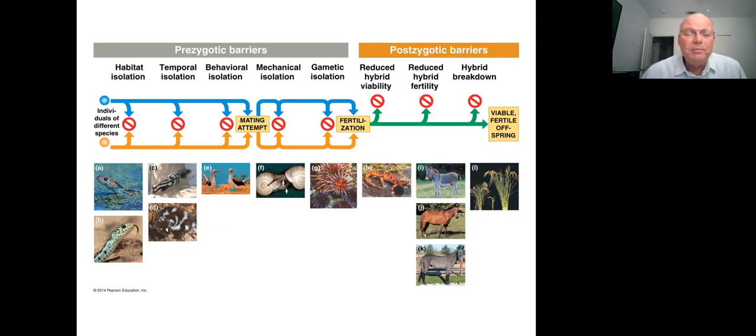Well, what about a situation where you don't even have to carry out the mechanical practice of mating? What if you just release your gametes into the water, which a lot of marine organisms do? So echinoderms, and here you can see sea urchins, but you include sea stars and the like, corals. A lot of marine organisms do just release the gametes into the water.